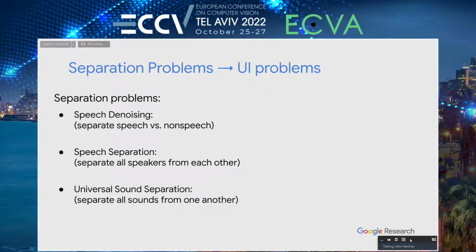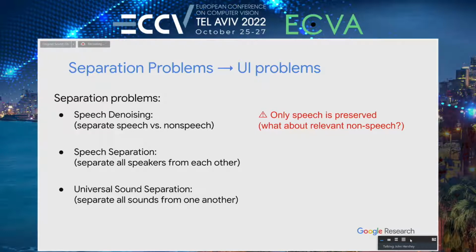It's easy to train a model for that problem. But there's an assumption that you only want the speech, that all of the speech is relevant, and that none of the background sounds are relevant. This leads to situations, for example, in video conferencing where people try to clap and that gets blocked by the denoising. So it's a type of system that works well, but there are disadvantages to being so constrained.